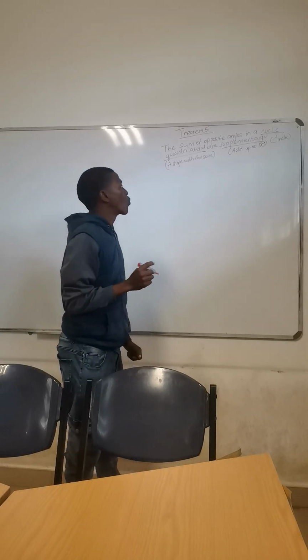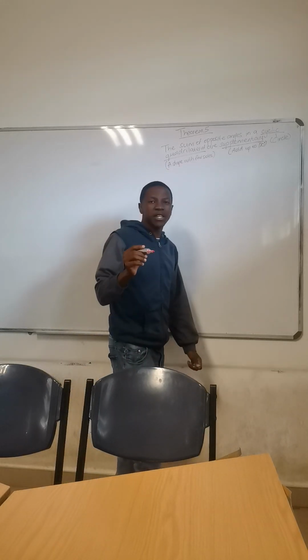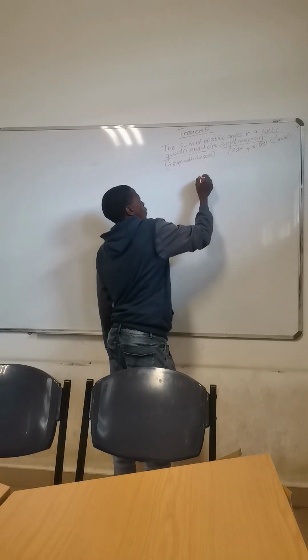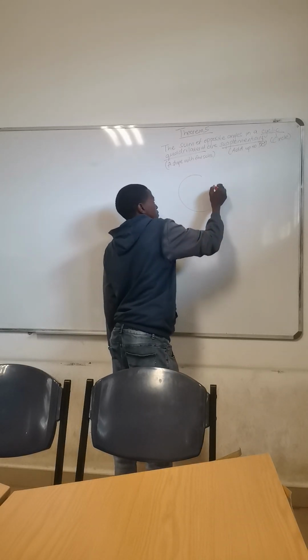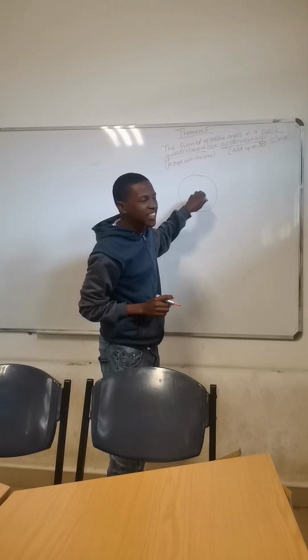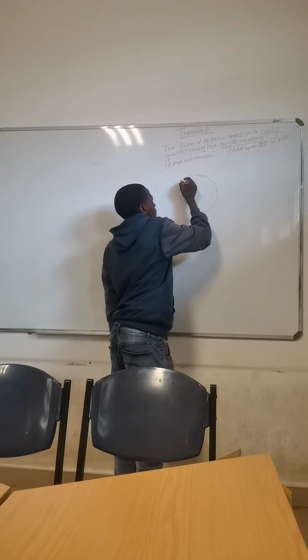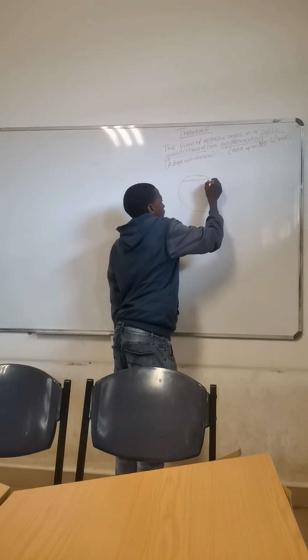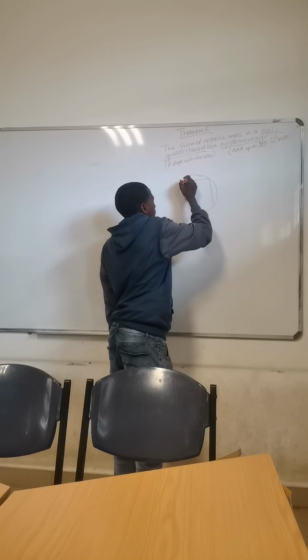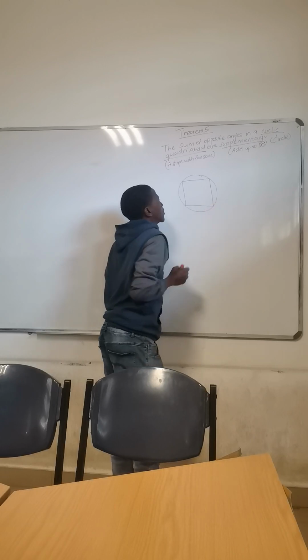So before I continue with the theorem, when we speak about a cyclic quad, we simply mean inside the circle there must be a quadrilateral. Do you get?